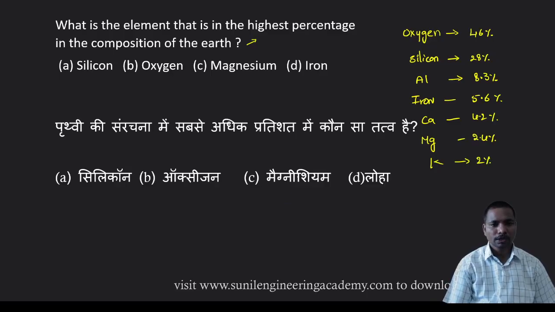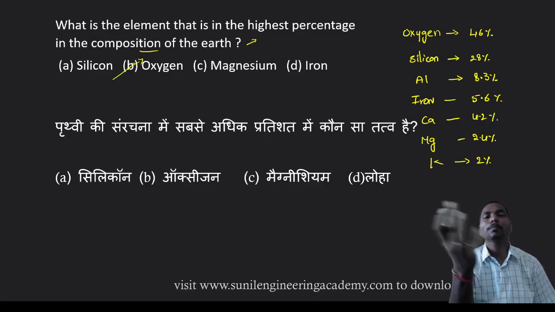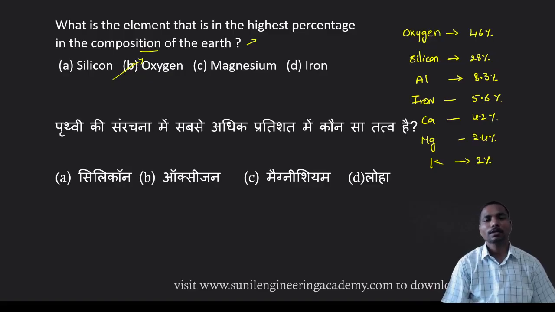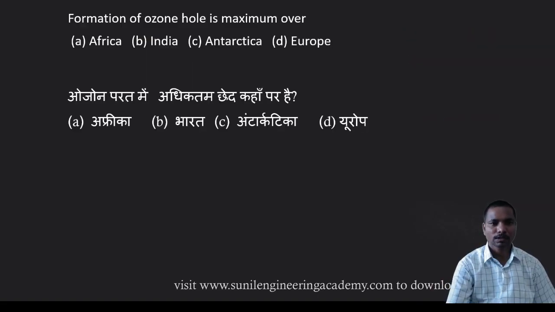So in the composition of the earth the highest percentage is oxygen. If they ask which has the highest percentage in the atmosphere, it is nitrogen.